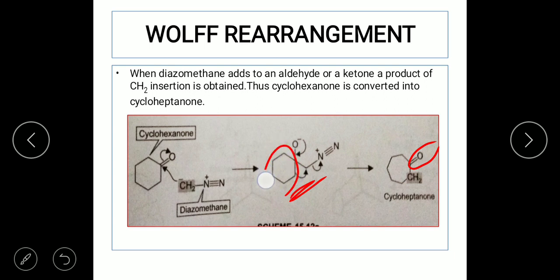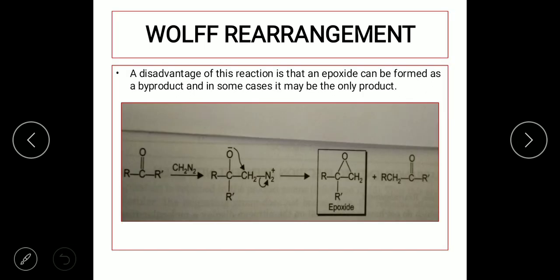Now you can see how the cyclohexanone forms a cycloheptanone. The bond between the carbonyl carbon and the carbon attached to it gives rise to a ring expansion, and there is departure of the nitrogen molecule. So this is how you get a cycloheptanone. That is, cyclohexanone gives rise to cycloheptanone. This is the ring expansion reaction which is involved in the Wolff rearrangement.